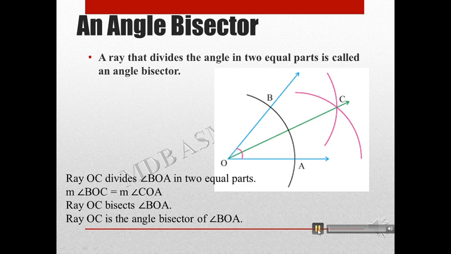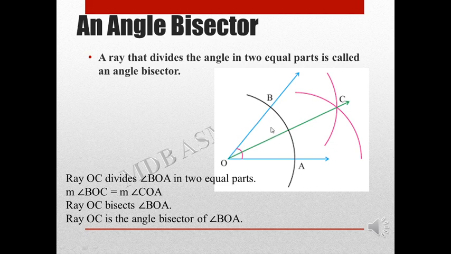From the previous activity, we have learnt that a ray that divides an angle into two equal parts is called an angle bisector. For the given figure, we have angle BOA and we have drawn ray OC in such a way that ray OC divides angle BOA into two equal parts.